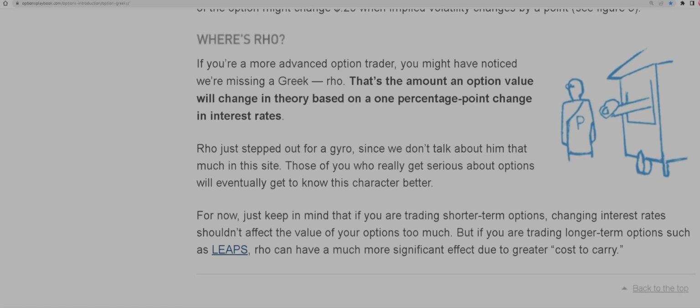If you are a more advanced option trader, you might have noticed you are missing a Greek, rho. That's the amount an option's value will change, in theory, based on a 1 percentage point change in the interest rate. So if you're an option trader with short-term trading, it doesn't apply to you.